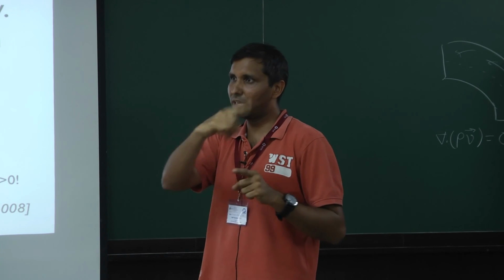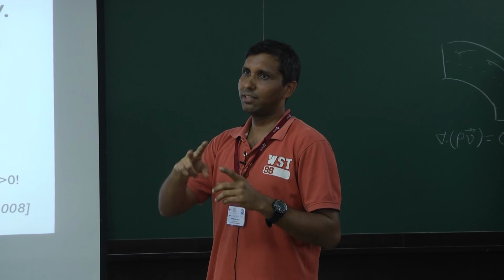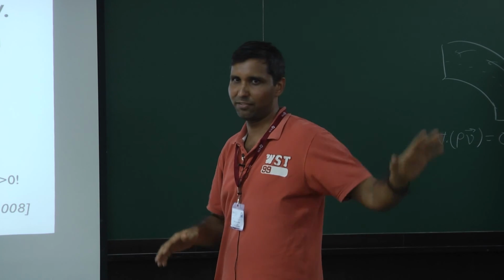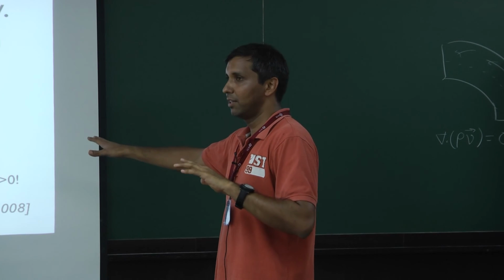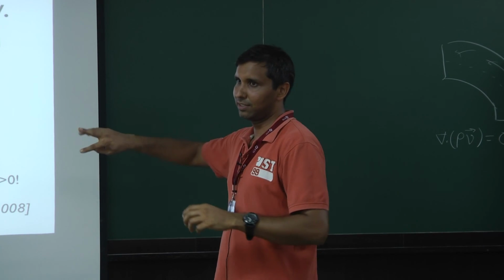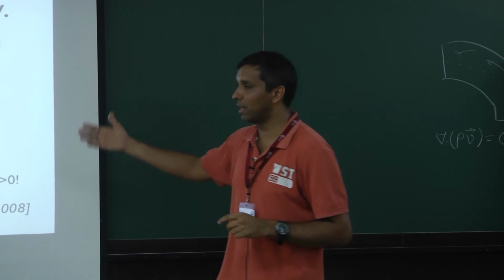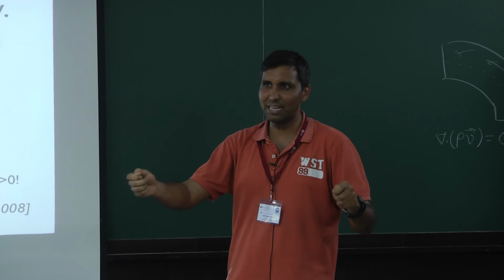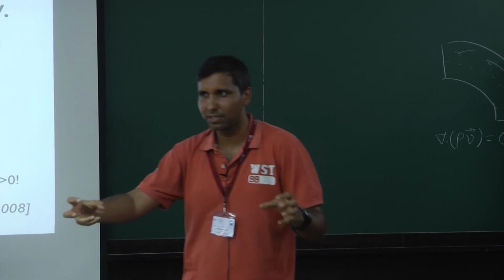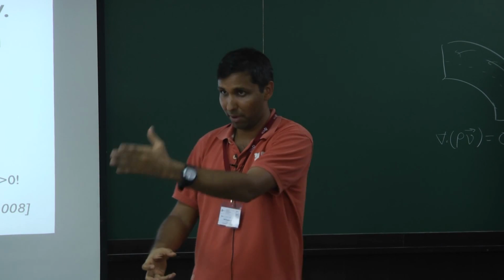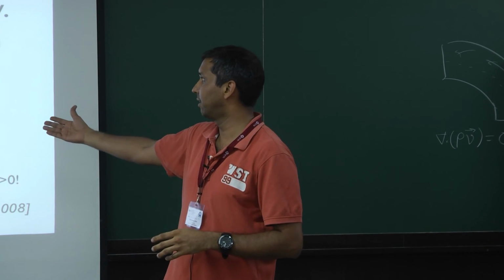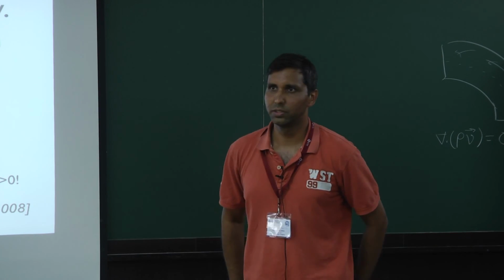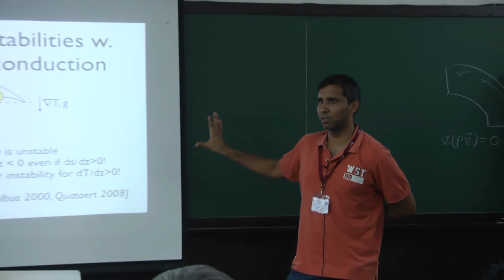With the introduction of magnetic fields, the criterion goes from L to omega, the rotation frequency, in the case of MRI. Here, because of conductivity, the stability is determined not by the entropy gradient but by the temperature gradient. Because magnetic fields act like conduits to transfer angular momentum in the MRI case, and here thermal energy, they want to make this isothermal. So there is a close analogy, but this is not MRI.